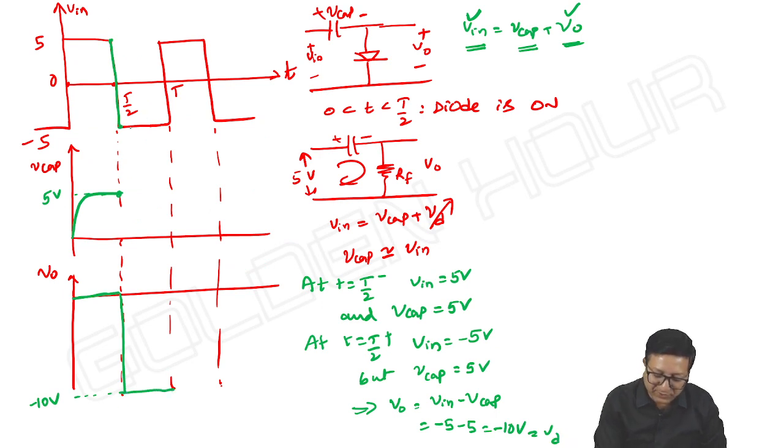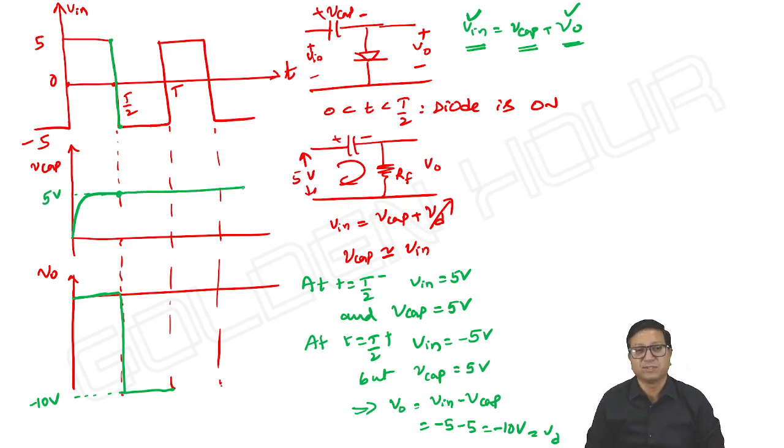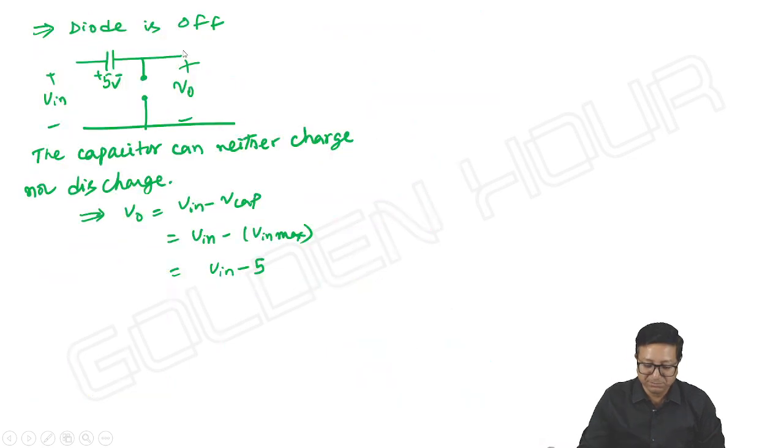V input is anyway minus 5, and the capacitor voltage remains constant at 5 volts. Anyway, T by 2 to T, what is happening? Input is negative, capacitor is positive, V input minus V capacitor, output is negative. Done. So this is what we can see from T by 2 to T.